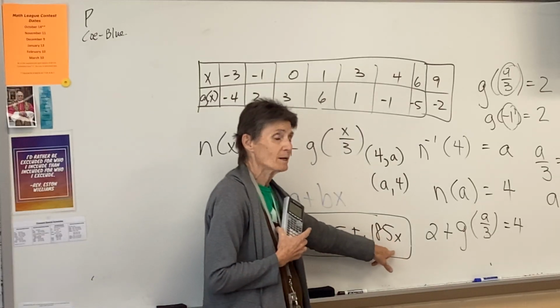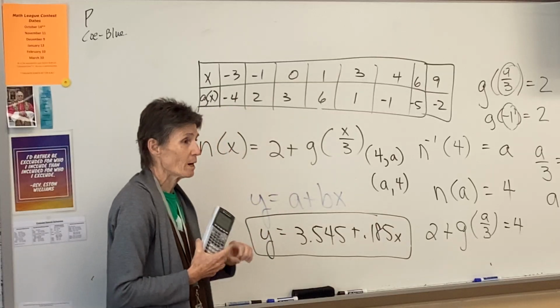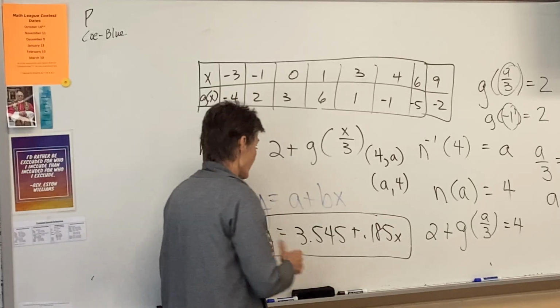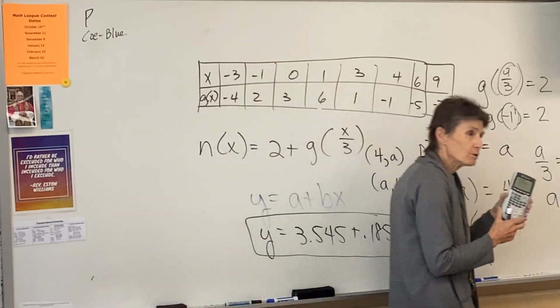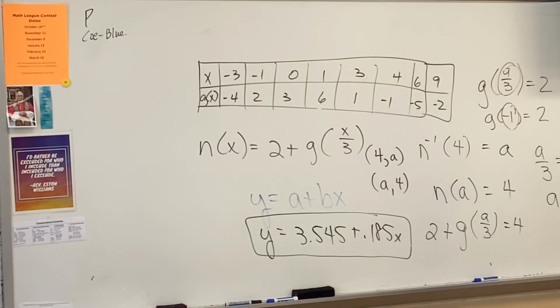So if you want to plug a number into your equation, let's do another one. Let's see, for a 13-week-old baby. So for a 13-week-old baby, we go to vars, Y vars, function, Y1, and then put in our 13 in parentheses. And that would be 5.95.